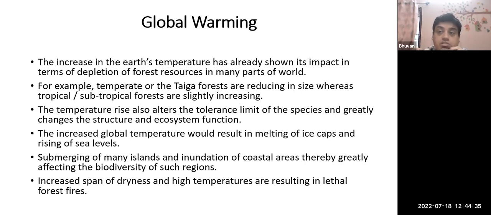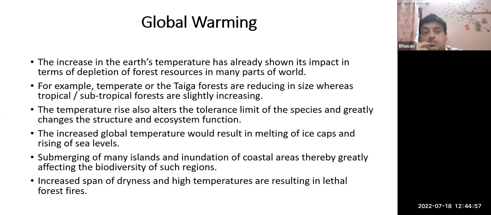Any minute change in the temperature of the water, and the coral reefs start bleaching. At present the same thing is observed, that a large number of coral colonies are getting bleached and becoming dead because of increased ocean acidification, and also because of the increase observed in the temperature of the water.